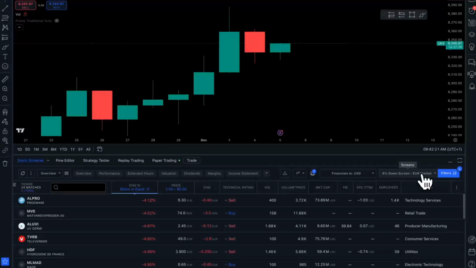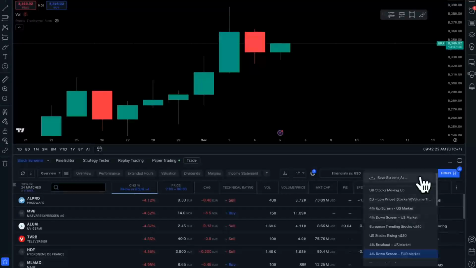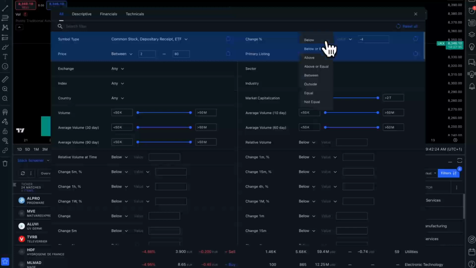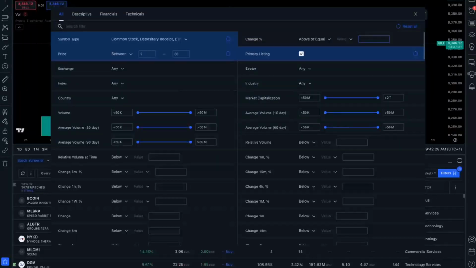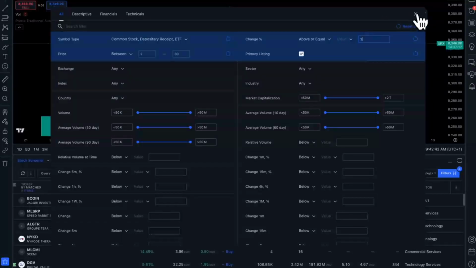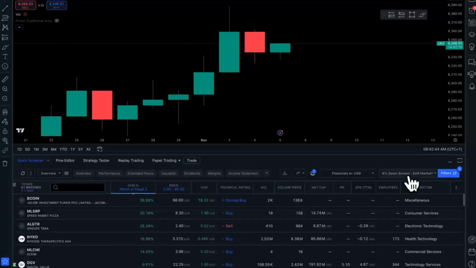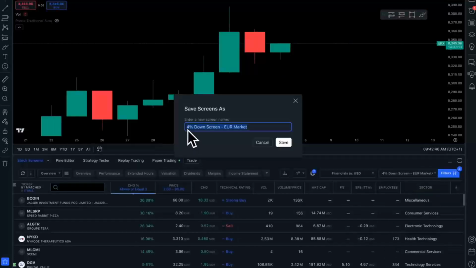We will save this now, save screen as 4% down, and this is the European EUR market. So that's that part there. Now what we also want to do is take a look at the same filter, but above or equal to 4. So we've got 26 matches here. Also, the European markets have slightly less liquidity. If we look at above or equal to 3%, in fact, we're seeing 51 matches. Now I'll also save that screen as the 3% up screen for the EUR market.